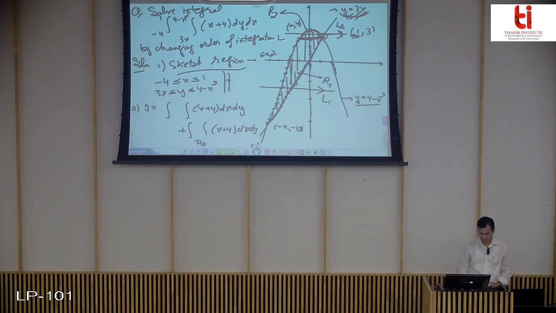Here is the boundary where it is entering, and it is y equals 4 minus x square. Since y equals 4 minus x square, this means x square equals 4 minus y, so x equals plus minus under root 4 minus y. You need x, because here the limits of integration are with respect to x.